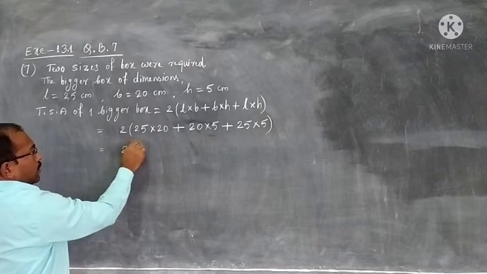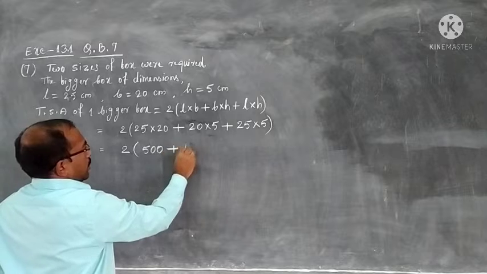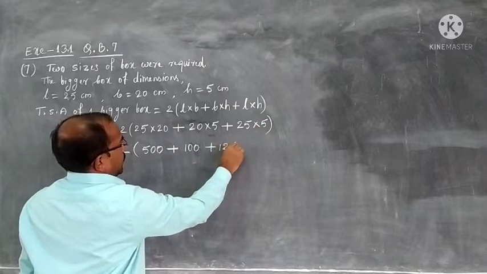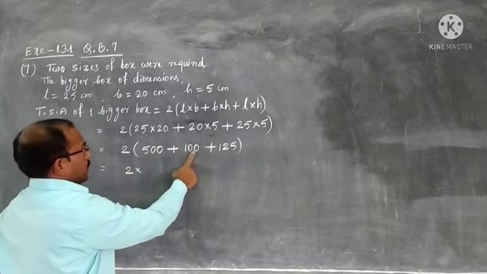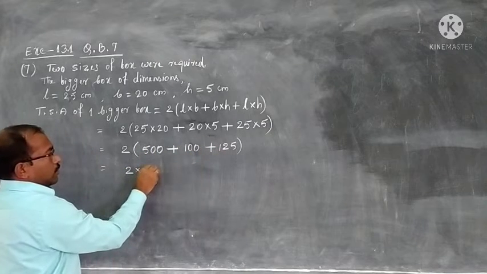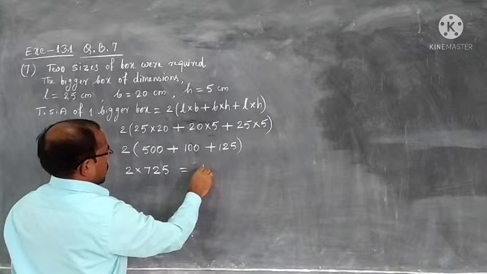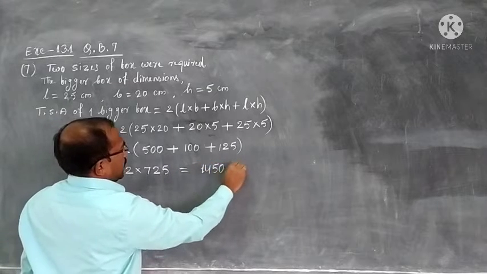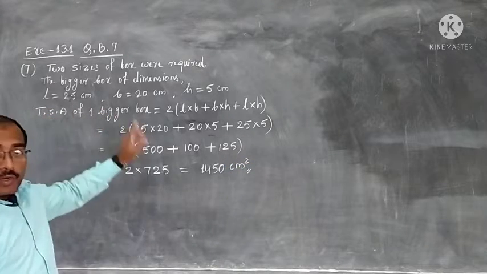So, 2 into 25 into 20 is 500, 20 into 5 is 100, and 25 into 5 is 125. We get 2 into 725, so how much do we get? 1450 centimeter square of cardboard is needed for one box, the total surface area of one bigger box.